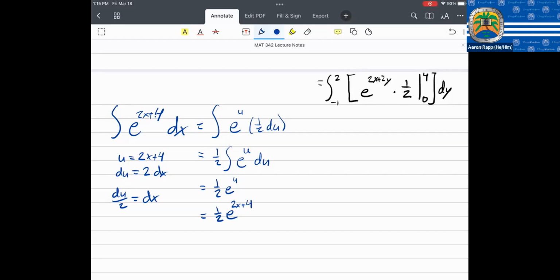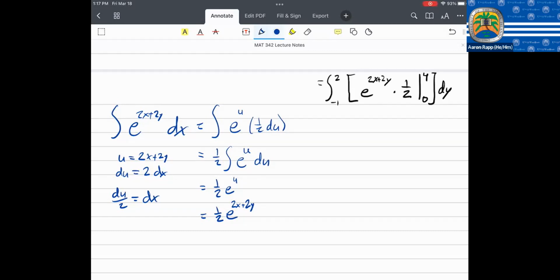Now I replace that 4 with a 2y. What changes? Not much, because when we're integrating with respect to x, we always consider y to be constant, just like that 4.